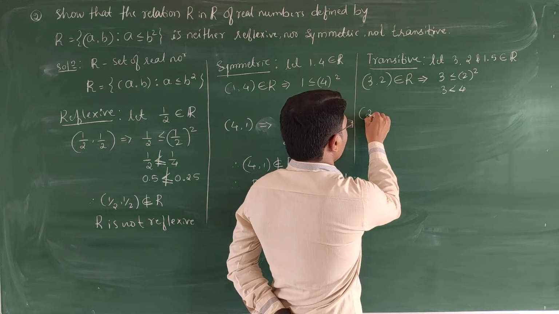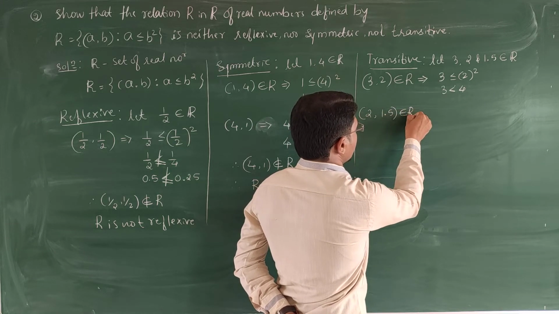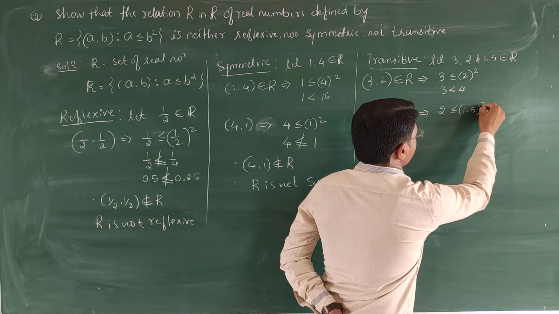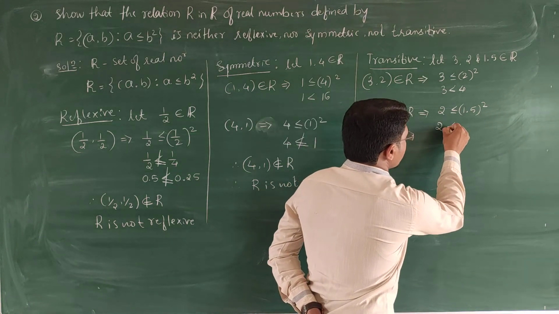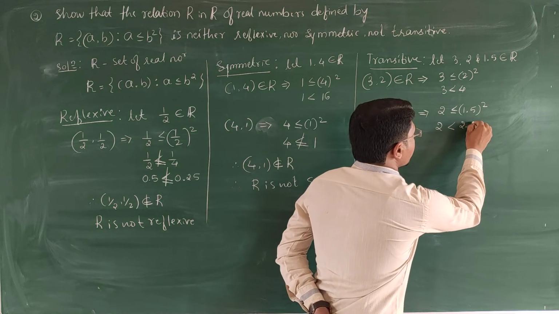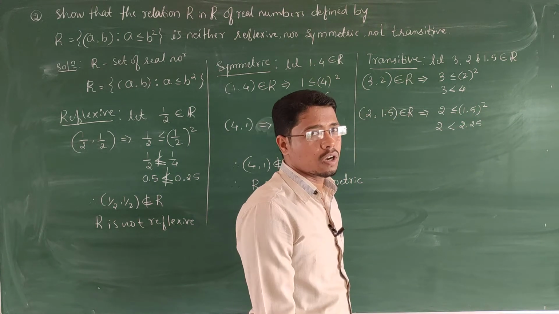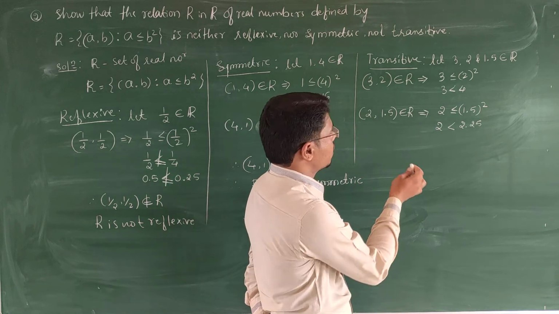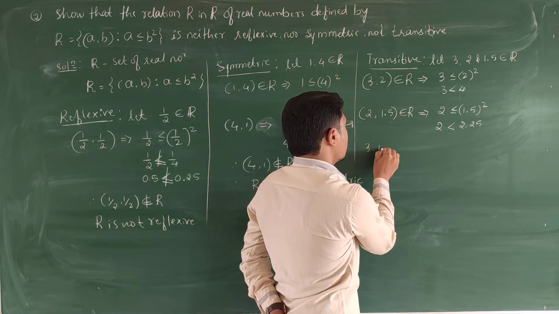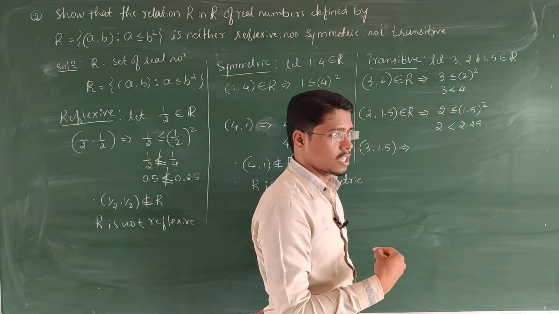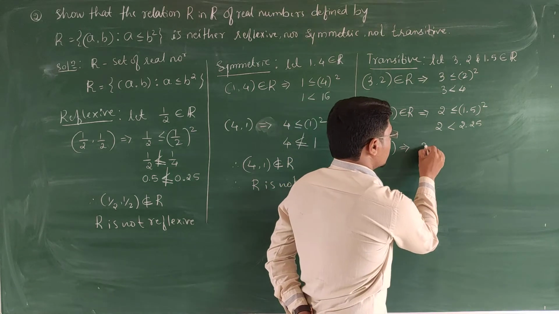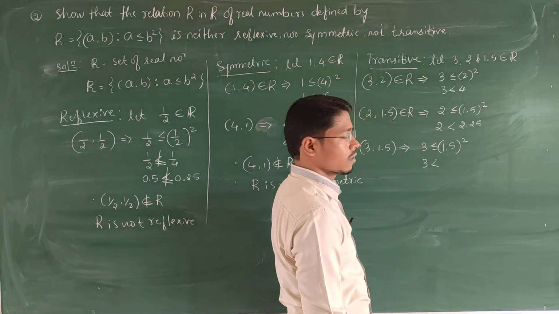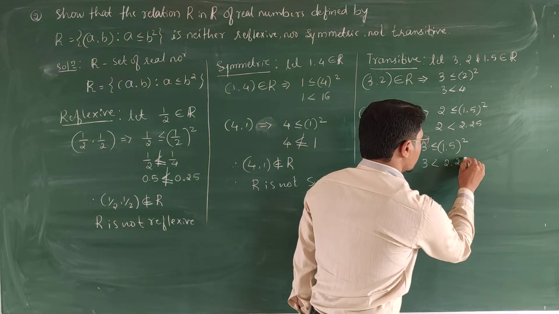Next, (2, 1.5) belongs to R. How to check: 2 ≤ 1.5². 1.5² is 2.25, just substitute the digits. Now we check (3, 1.5): does 3 ≤ 1.5² hold? 1.5² is 2.25.